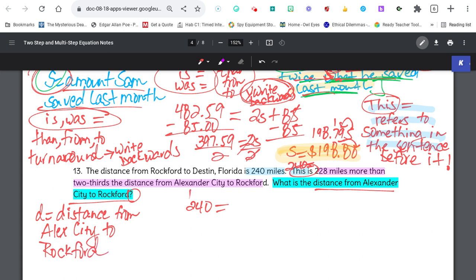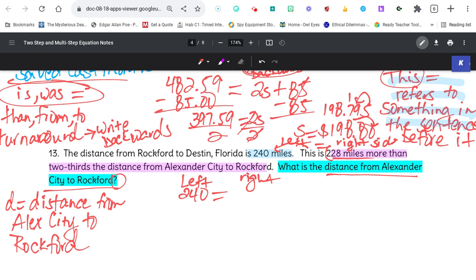So now I've set the left side of this up. The question is, how do I set the right side up? So on the left side of "is," and I'm going to show you this, guys, we know this refers to the 240. "Is" equals. So this has to be the left side. And this stuff over here has to start off my right side.